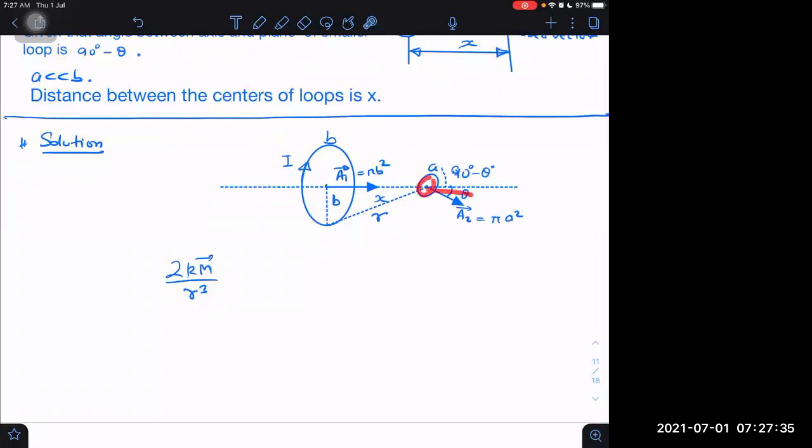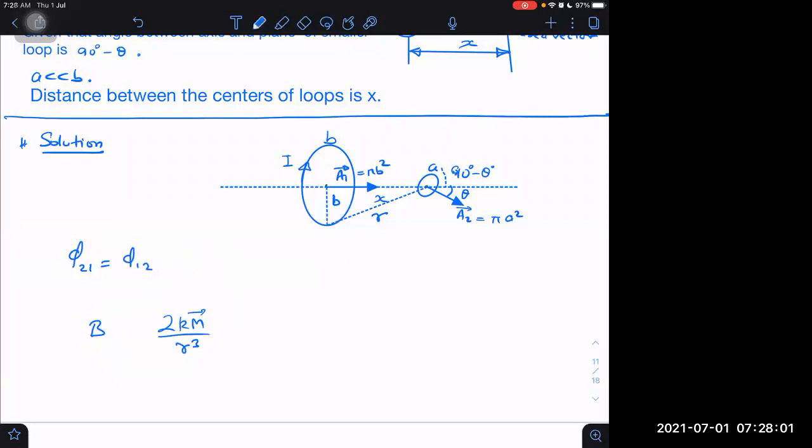Flux will be B dot A2. This is the magnetic field. Flux phi 21 is equal to phi 12.